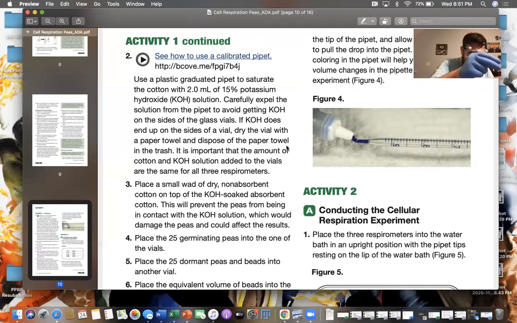The goal is to not get any on the sides of the vial. Go right onto the cotton. Just take your time with it.